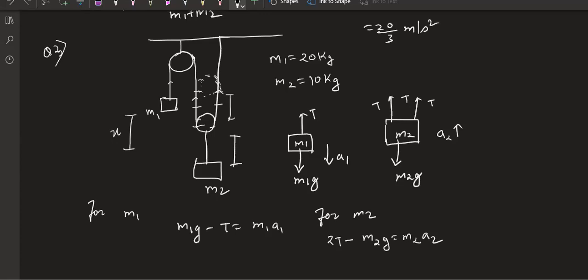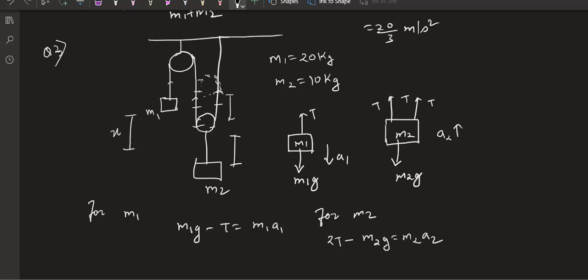So obviously this mass will come down by 2x distance, because we have two wires in this pulley. If you go by x distance, the total length of wire which will move is 2x.